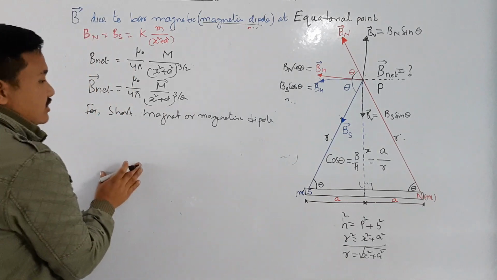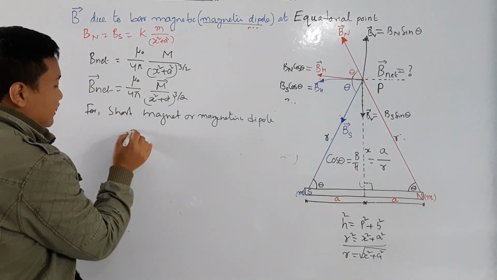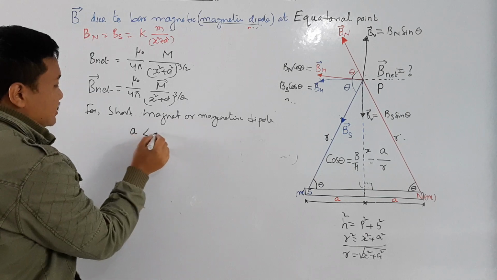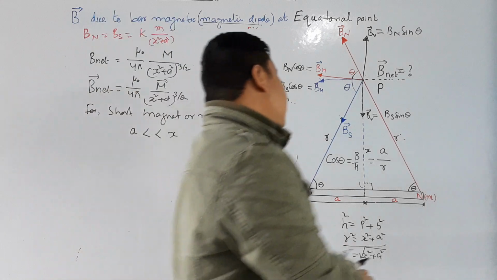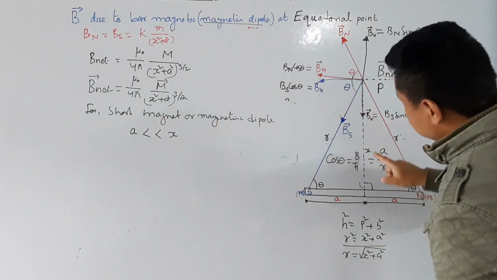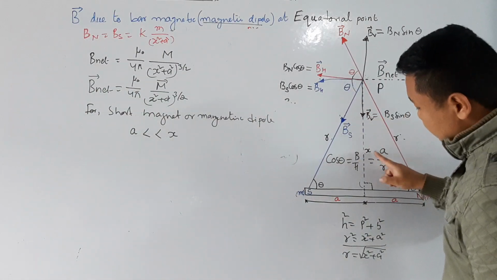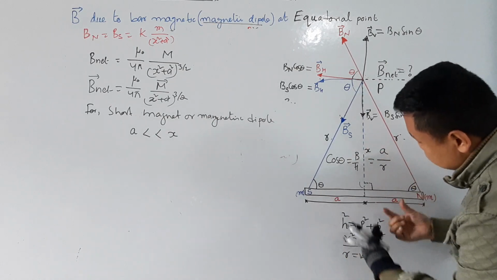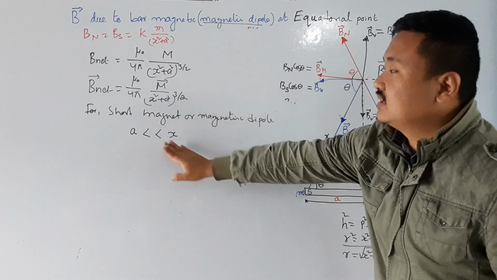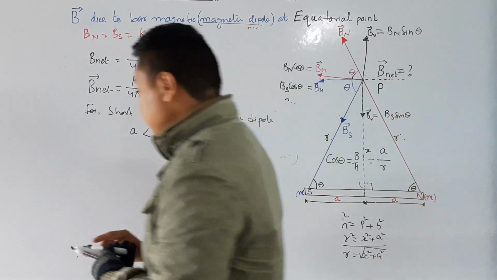Then if it is very short, what will happen? This A will become much lesser than x. This distance is my x, and this is my A. If it is very short, then A will become much less than x.